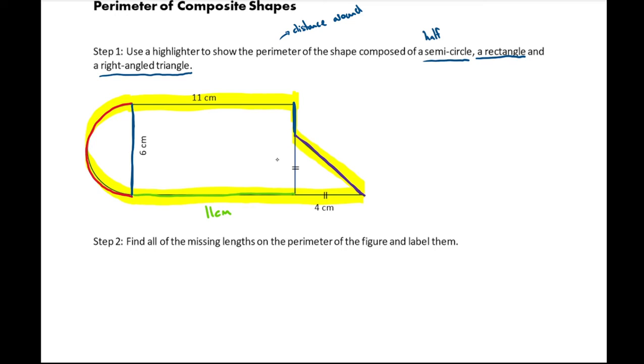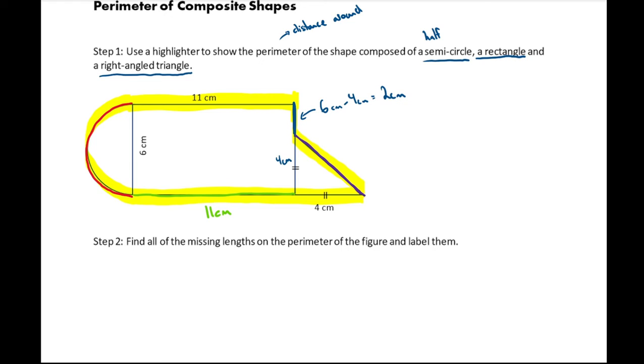We can see that 4 centimeters is this lower part, or this part of the right angle triangle. Because of these two lines, we know that these two sides are the same. So this missing part here has to be our total distance, 6 centimeters, minus what's already used, which is the 4 centimeters. So that means this little portion here is 2 centimeters.